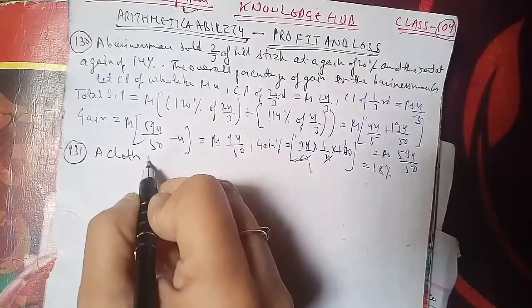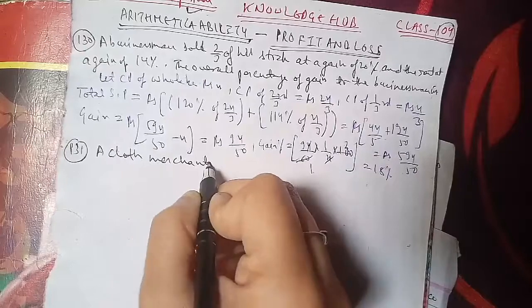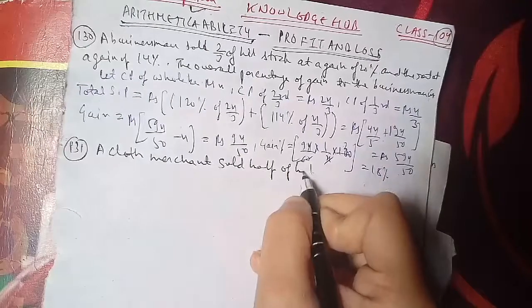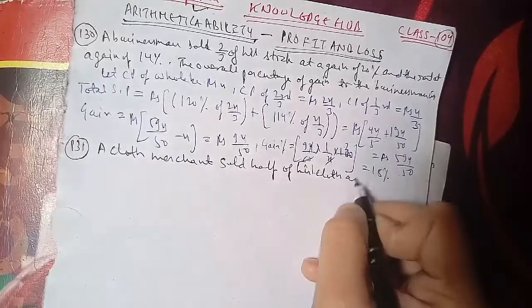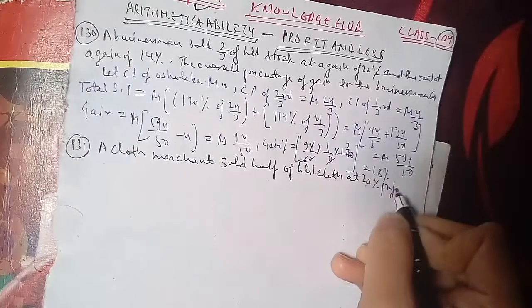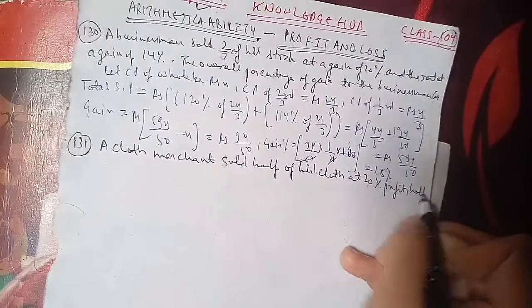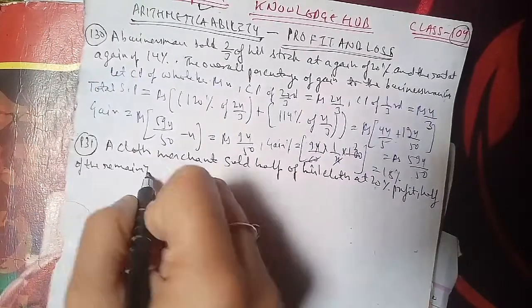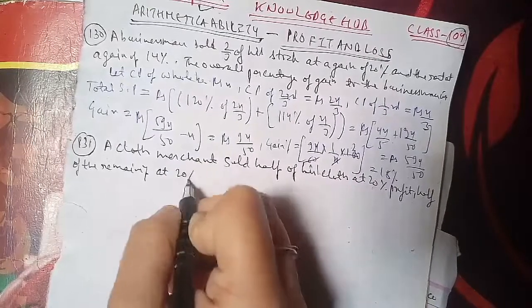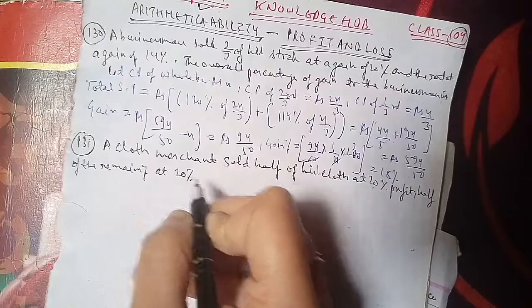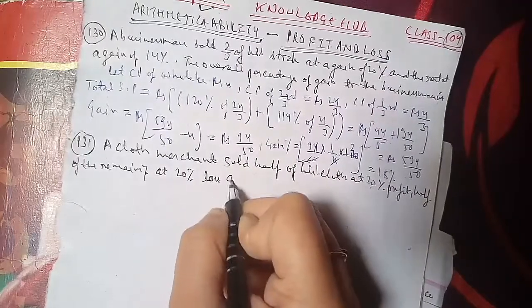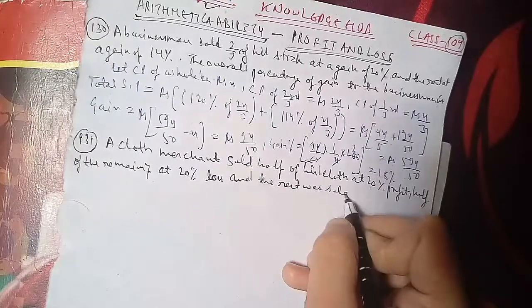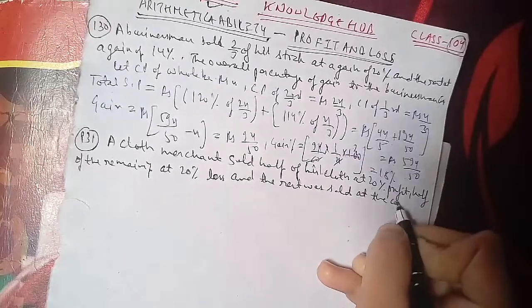A cloth merchant sold half of his cloth at 20% profit, half of the remaining at 20% loss, and the rest was sold at the cost price.